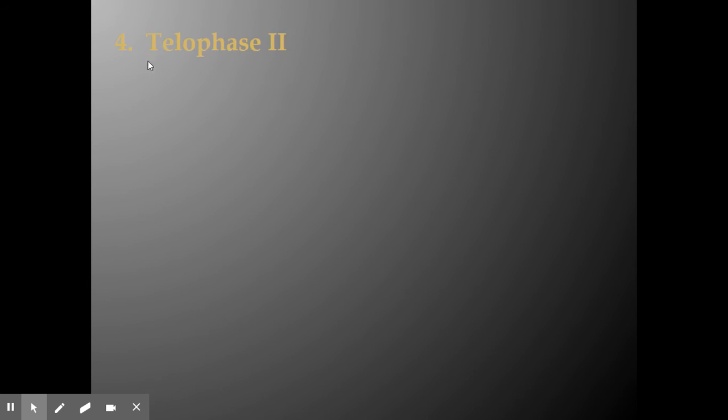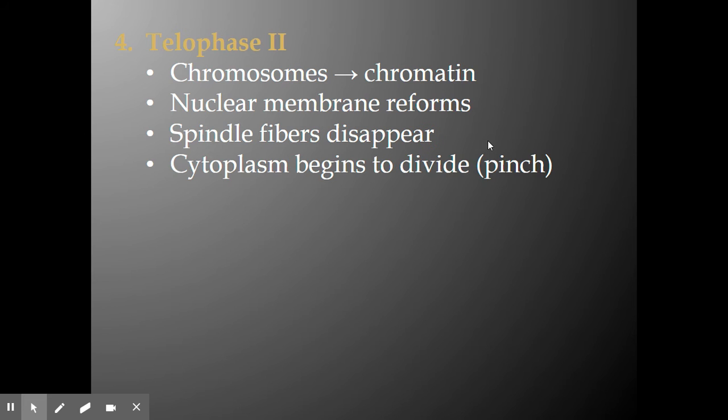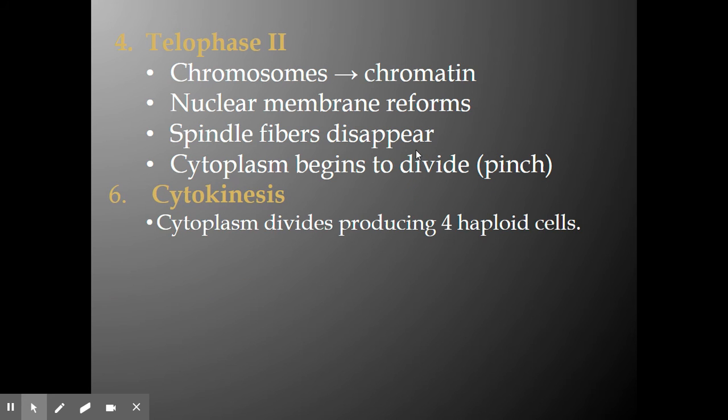Okay. Then we have telophase 2, where our chromosomes relax back into chromatin like normal. A nuclear membrane forms around them. Your spindle fibers disappear, and your cytoplasm begins to divide. Okay. And then we have cytokinesis.